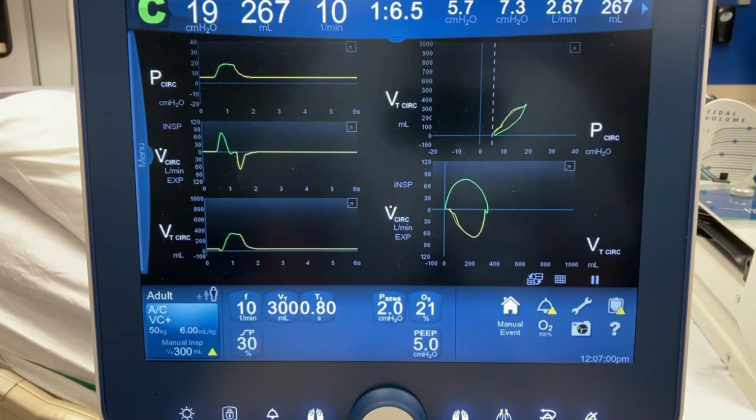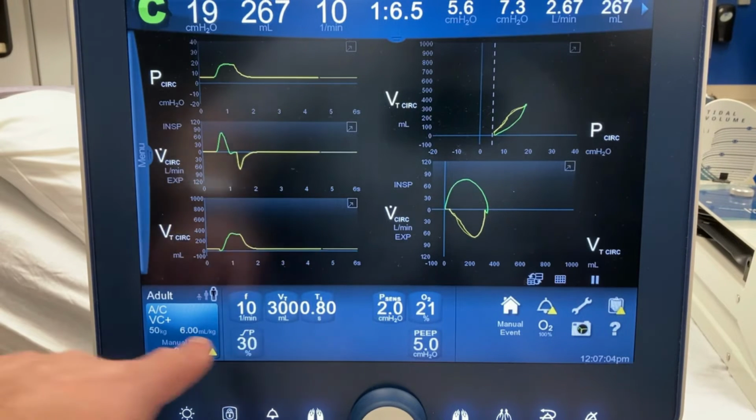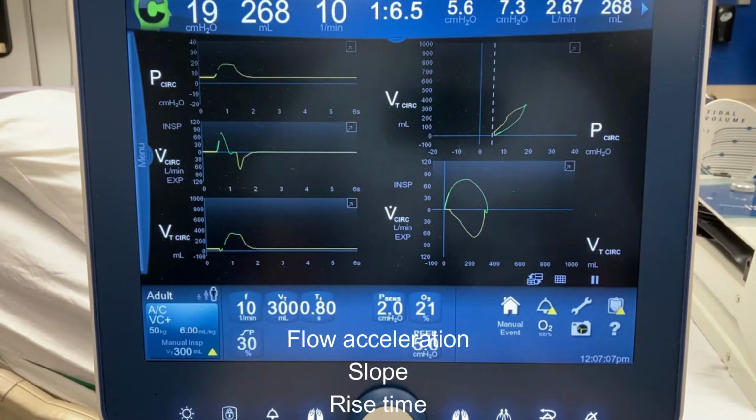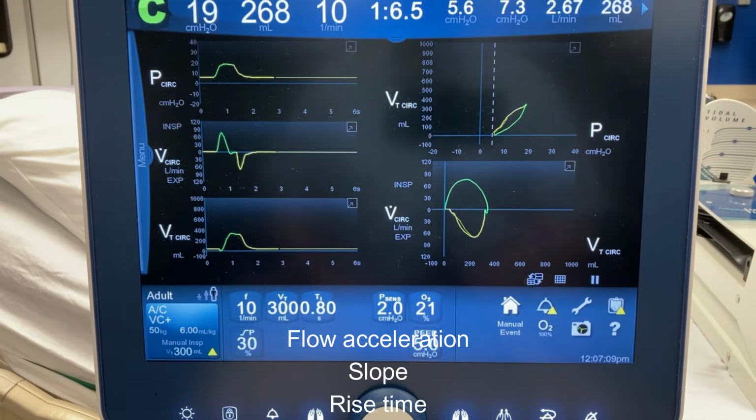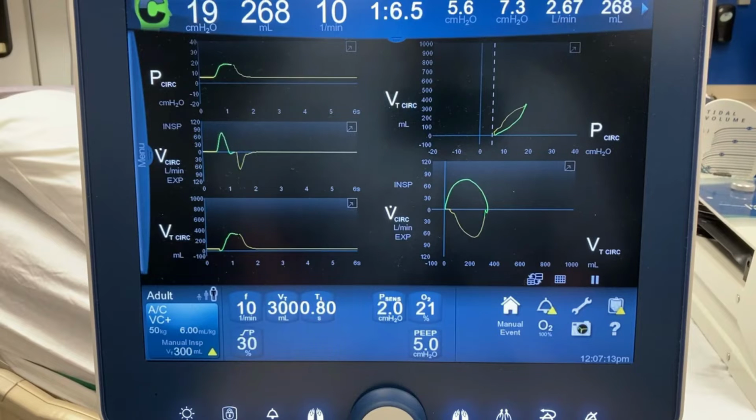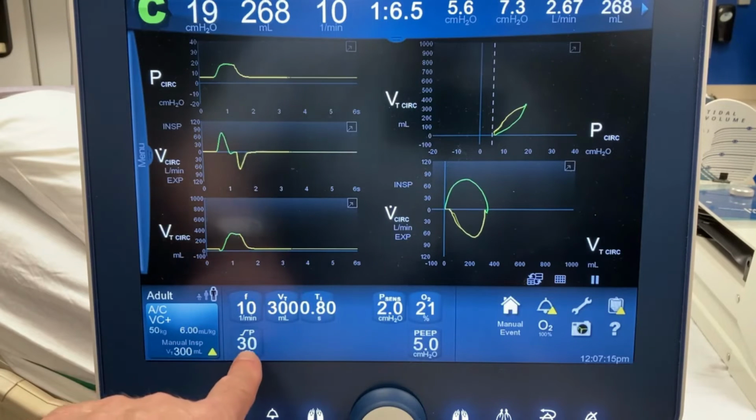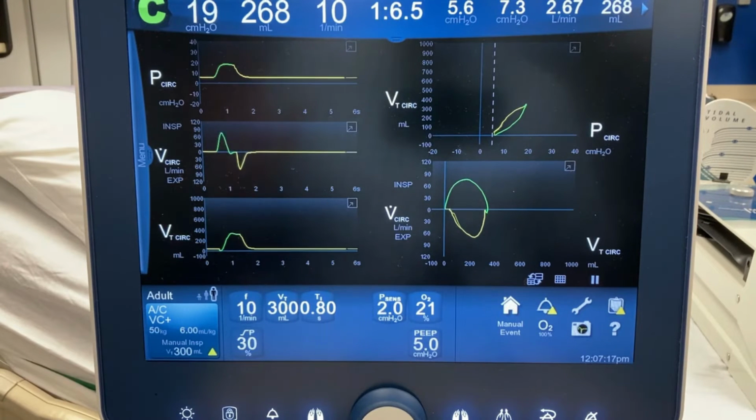Okay, so one of the things we can do is set this little guy down here. This is flow acceleration, and I do have a YouTube video about flow acceleration if you want to go into it a little more in depth. I like the way they name it, flow acceleration.